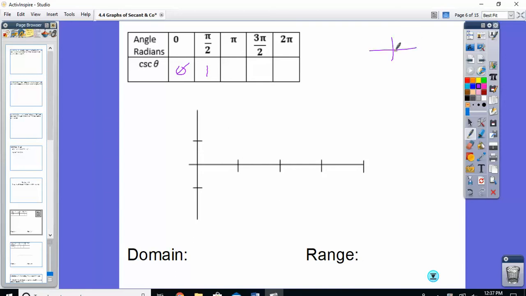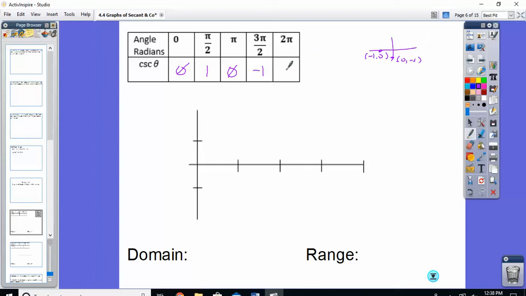At pi, if you need to think about this, sine is y over x, so 0, 1, so sine is 0, that means cosecant would be undefined. 3 pi over 2. Sine is negative 1, so cosecant is negative 1.